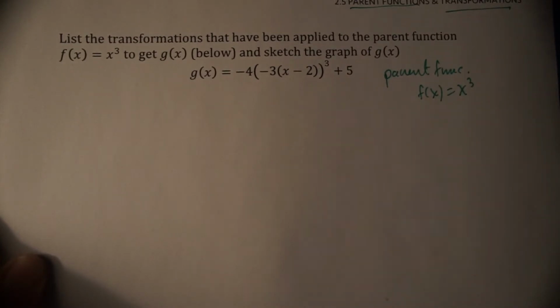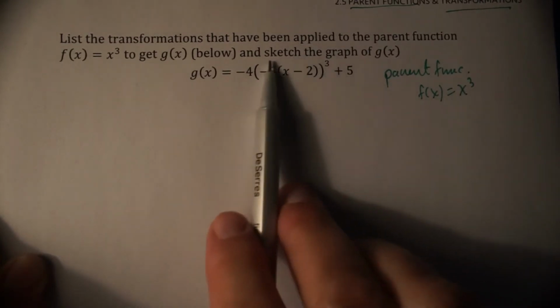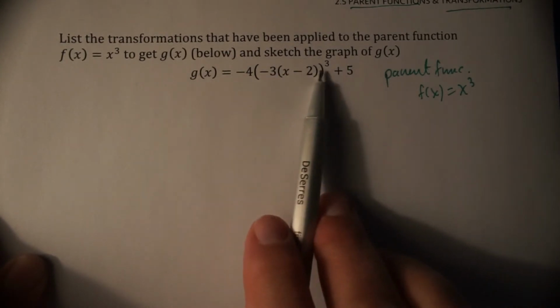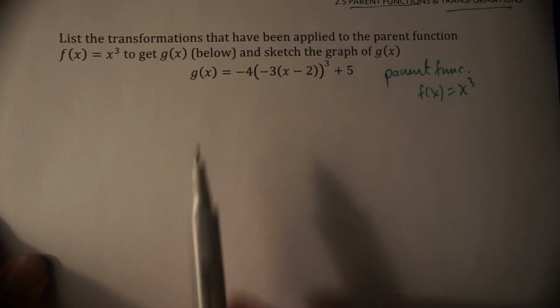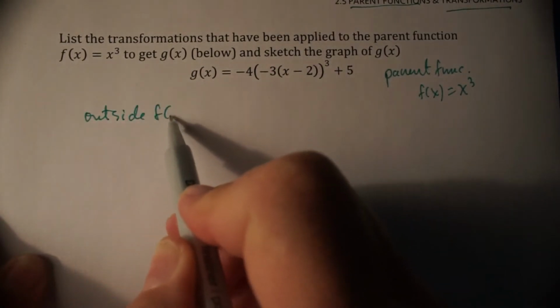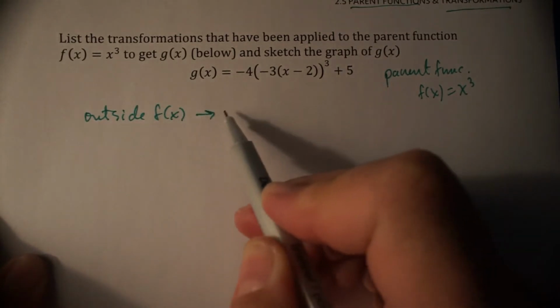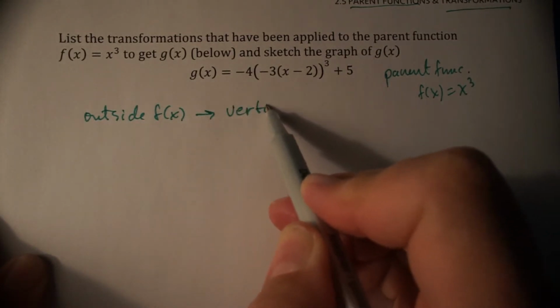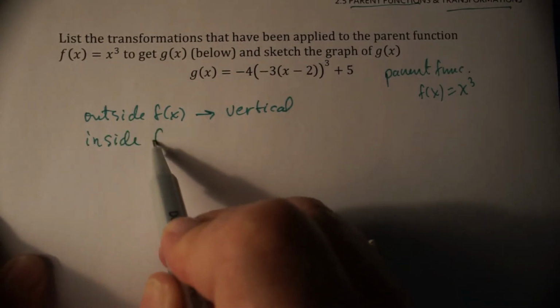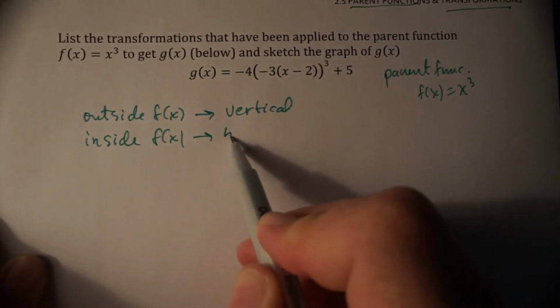So I'll recognize that first. And then I can see, okay, inside where it should just be an x, there's a bunch of things that have happened to the x. And outside of the cube, we have some things happening. So remember, outside f of x means vertical changes, and inside f of x is horizontal changes.